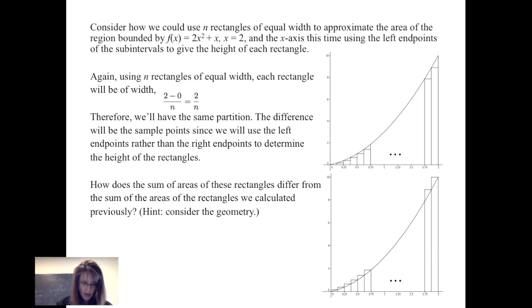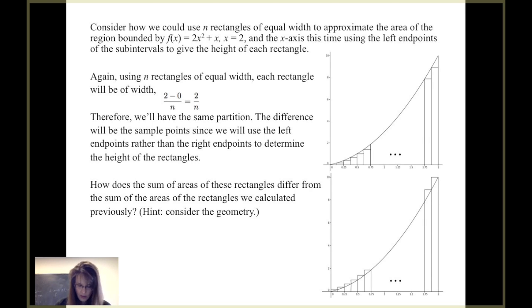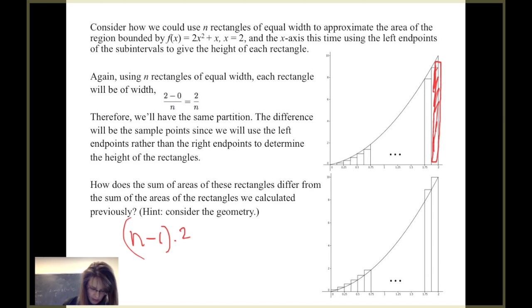And for example, I see that this rectangle, the last rectangle using the left endpoint, has a height determined by n minus 1 times 2 over n. So that's our c sub n. But the area of that rectangle is simply the area of this rectangle.